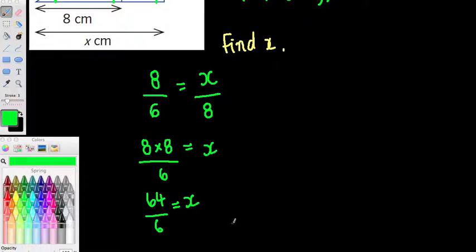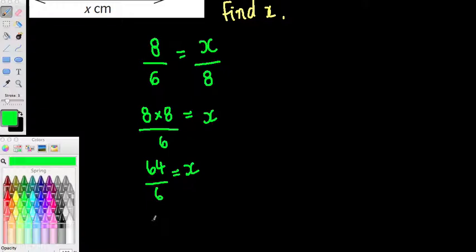And now let's simplify this. Now, if you are using a calculator, you could simplify this further, or you could round it into a decimal. But because I've simplified this into its most simplified fraction, I'm actually going to leave it like this. 32 over 3 is my final answer.